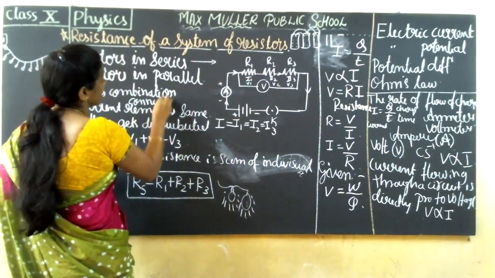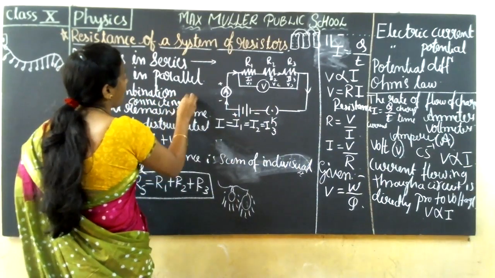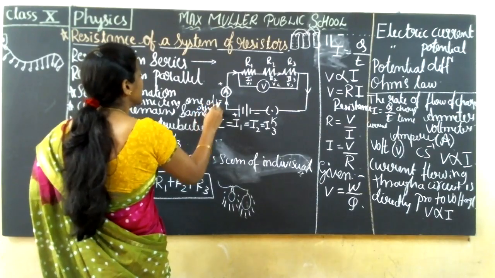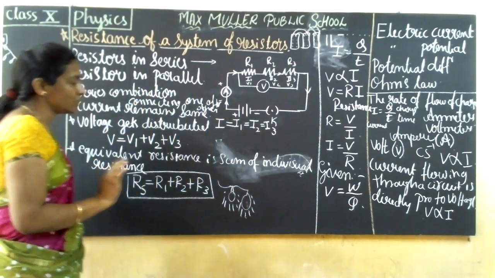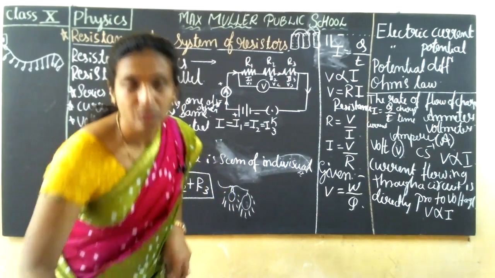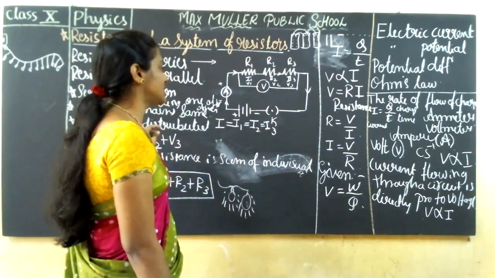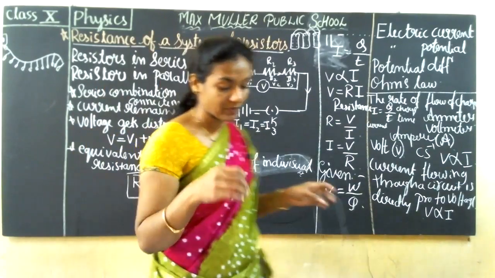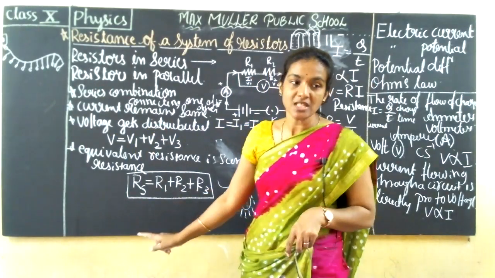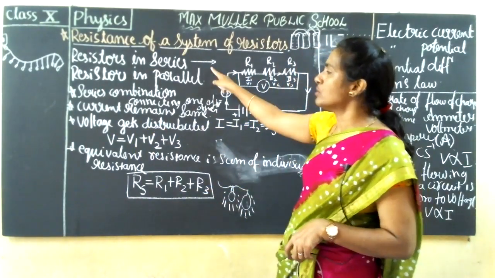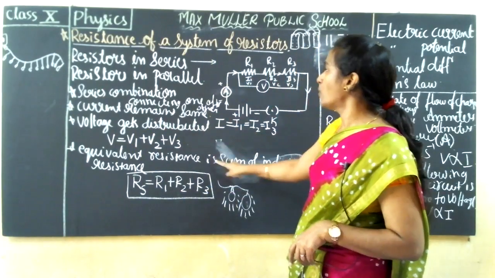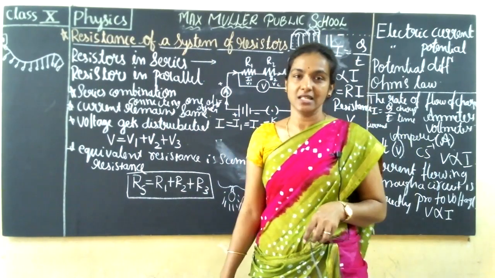These 4 points you need to keep in your mind to do numerical problems and to understand this. Let me explain how it works. You have to understand all the 4 points, how they work when you connect them in a series.